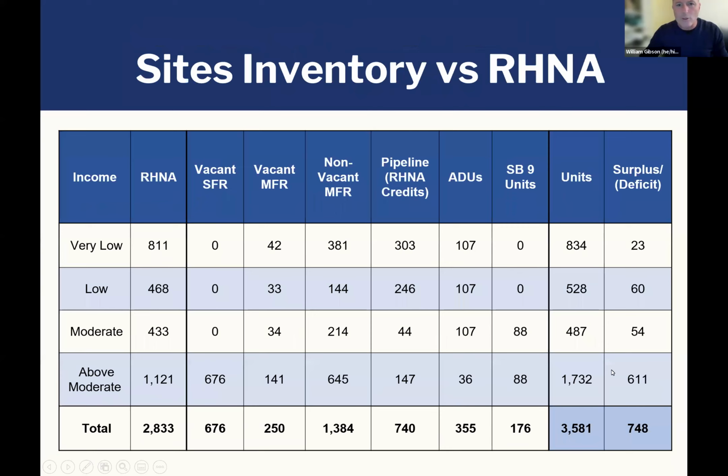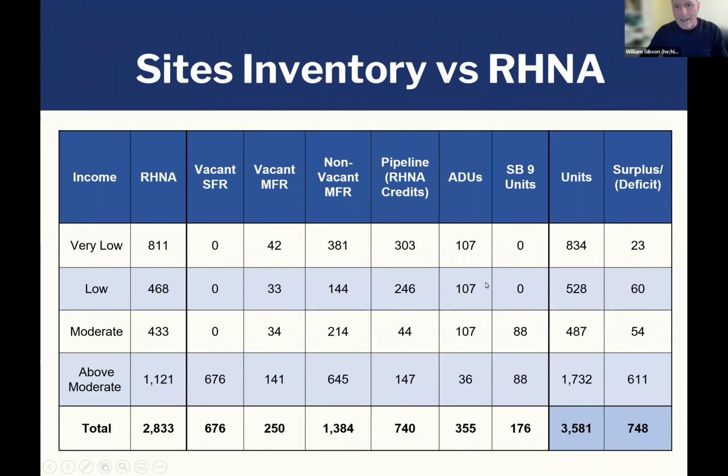So then you can look at how all those categories add up. Here are the income categories on the left. Here's our regional housing needs allocation in the second column. And again, 208,033 units in total. Vacant single family, vacant multifamily, non-vacant multifamily residential, the pipeline credits that are underway.